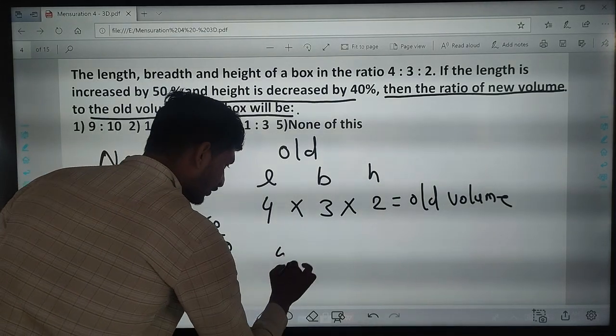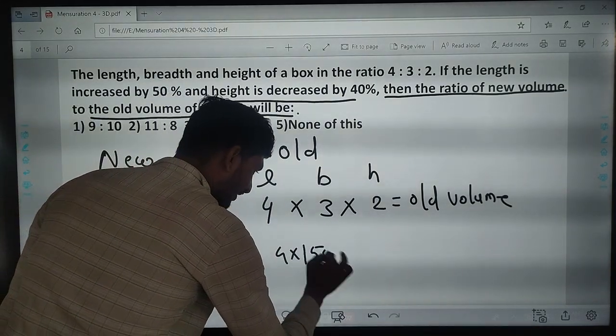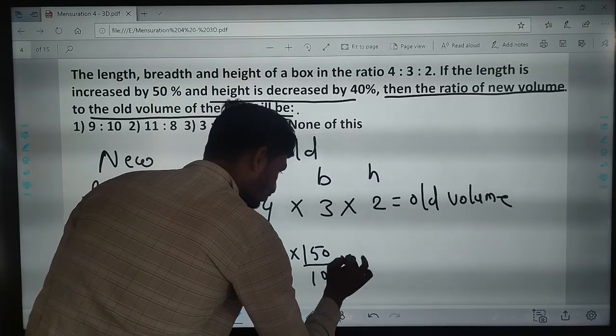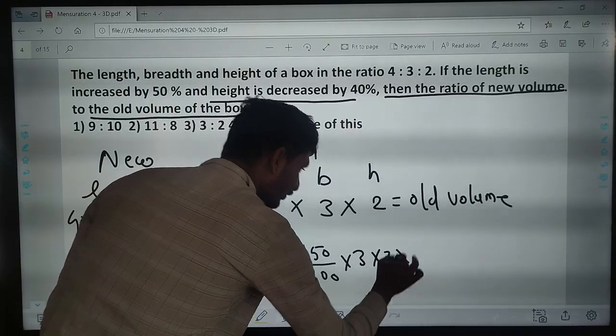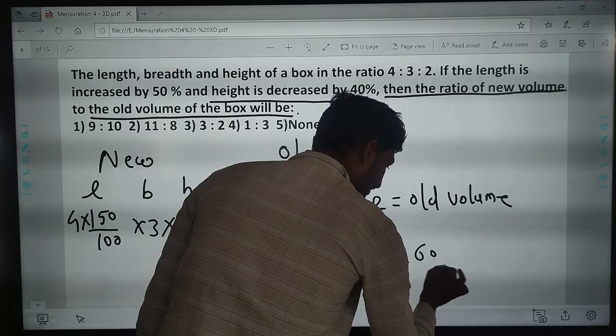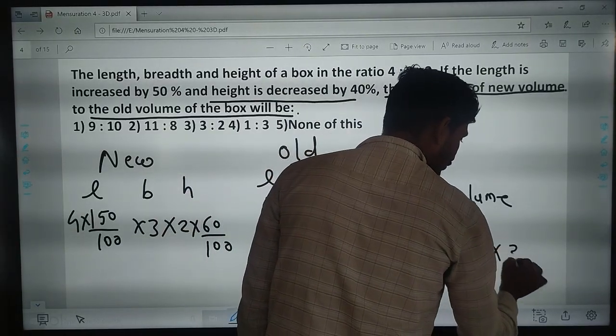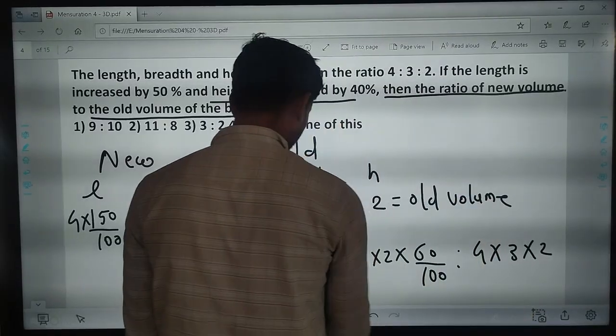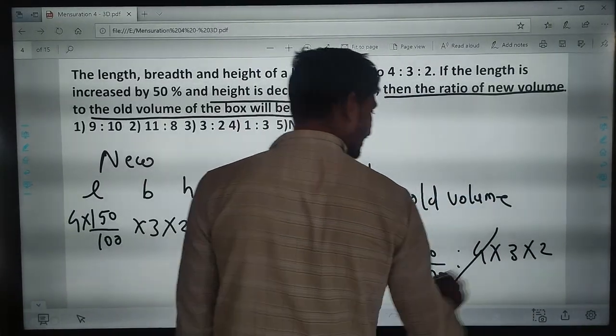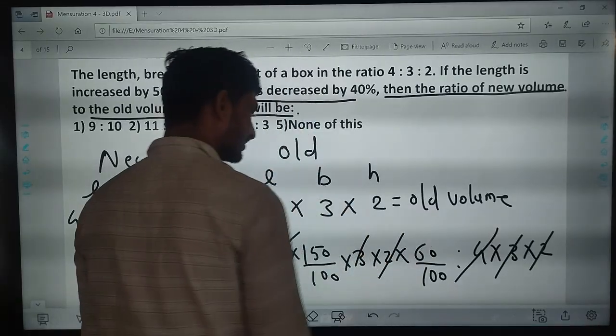We get 4 into 150 divided by 100 into 3 into 2 into 60 divided by 100, to 4 into 3 into 2. Then 4 gets canceled, 3 gets canceled, 2 gets canceled.